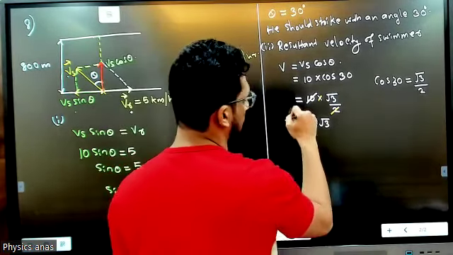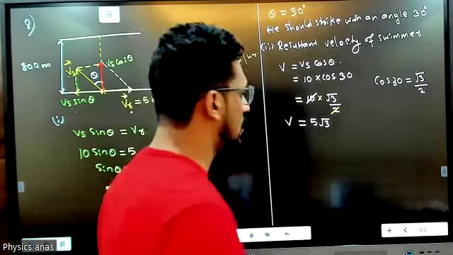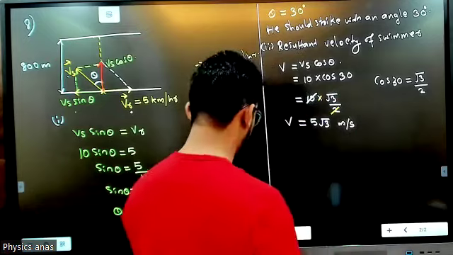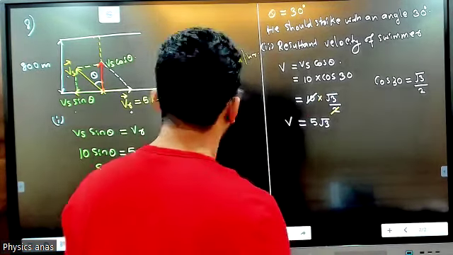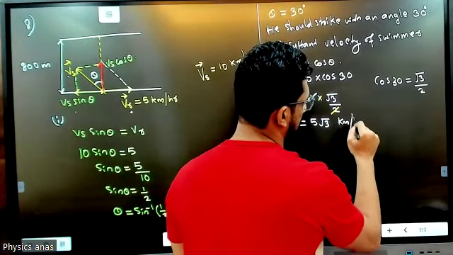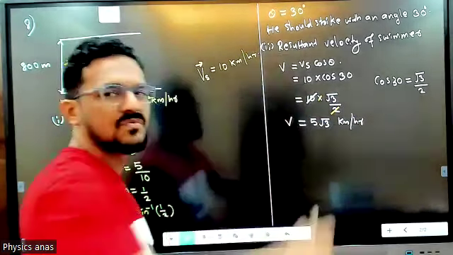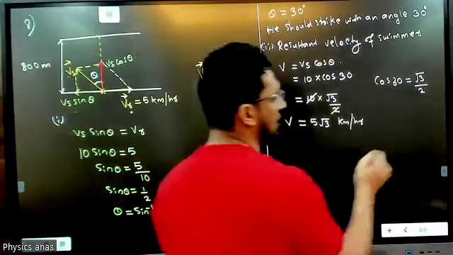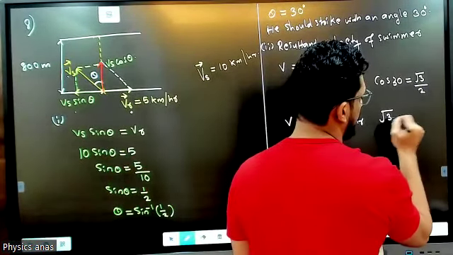That is the resultant velocity. 5 root 3. Sorry, that is not meter per second. That will be in kilometer per hour, because I have converted it. That's it. And you can find the final value. What is the value of root 3?